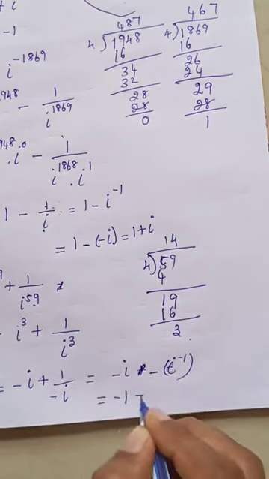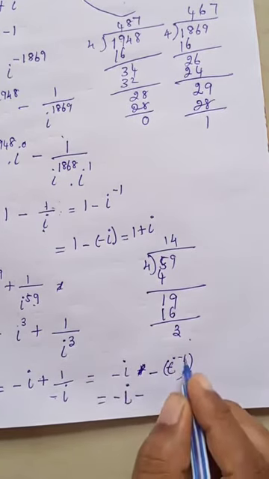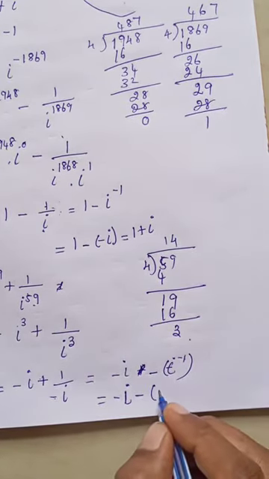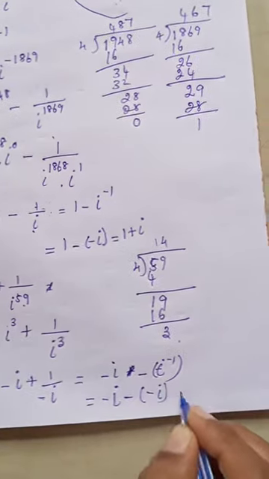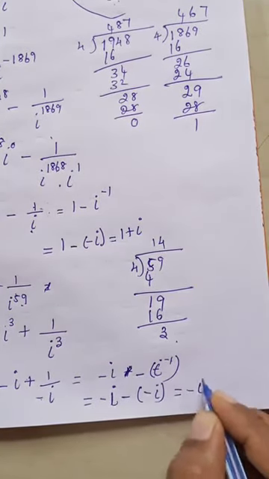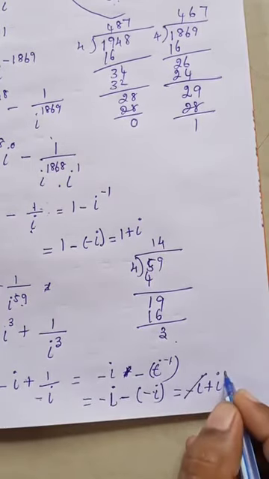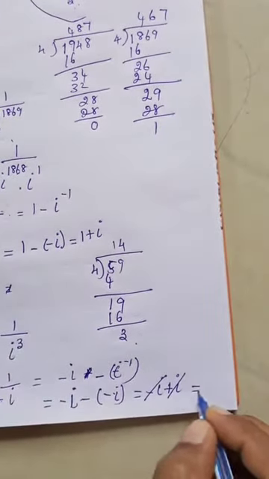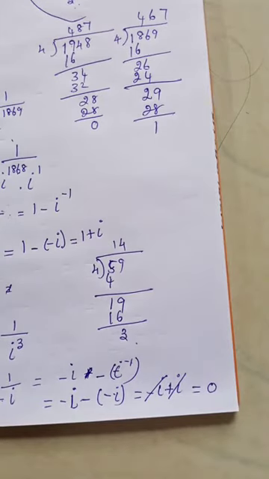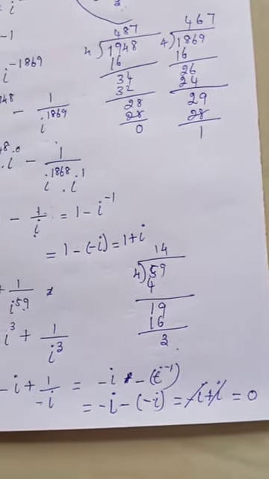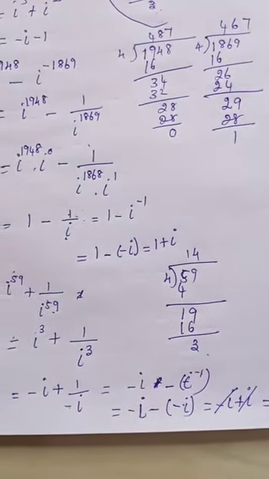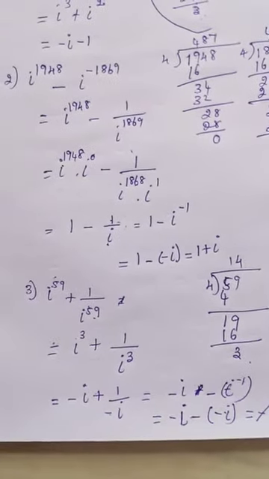Or minus 1 minus i power minus 1. We know that the value is minus i. See here, minus i, minus into minus is plus i. Minus i and plus i will get cancelled. Therefore, our answer is equal to 0. Whichever method you want, you can do it. There is no issue.